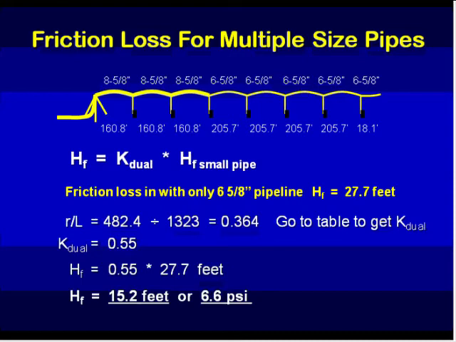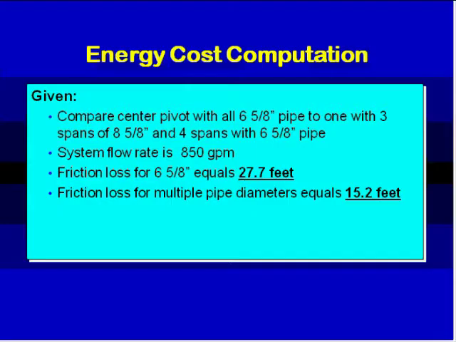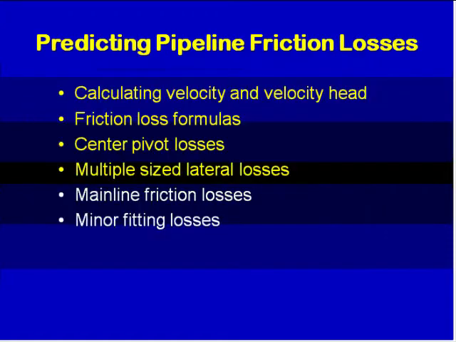Converting that 15.2 to PSI would be 6.6, so we're just a little over half of the friction loss that we would have had in a smaller pipe system. So now what we want to do is find out whether it's going to save us any energy and whether we can afford to put the different size pipeline out there to get this job done.